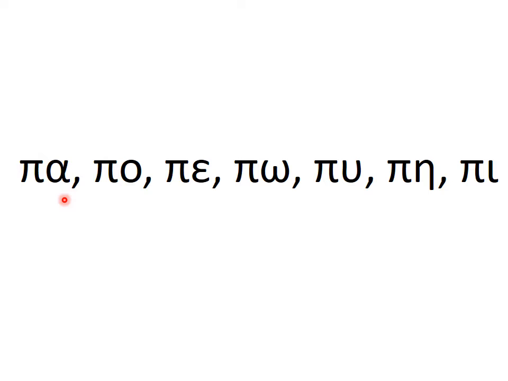So this is not the English pa, it's the crisp pa. That's one road to fluency, to make it sound as if you're speaking the language the way it's meant to be, by keeping the vowels crisp.